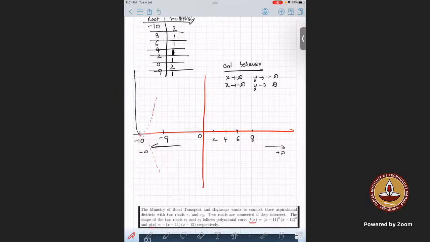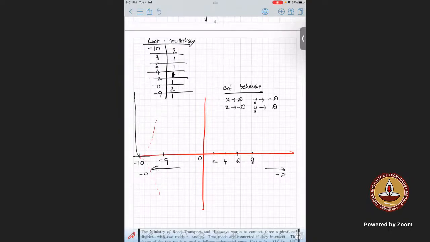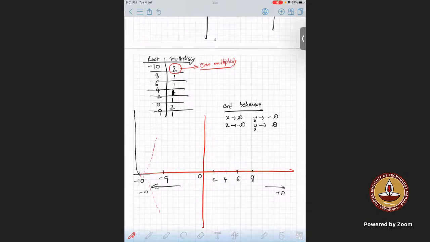Look, everyone has this doubt, but the use of multiplicity comes now. Here the multiplicity is 2, even multiplicity. What does even multiplicity say? Just take a normal example, like y equal to x square, or x equal to y square, anything is okay.